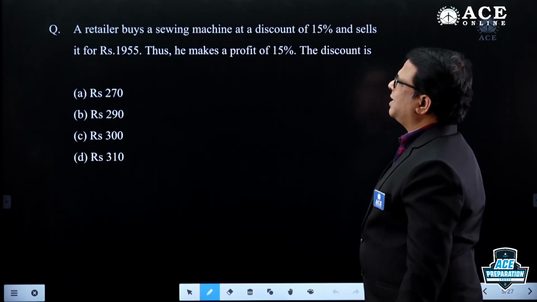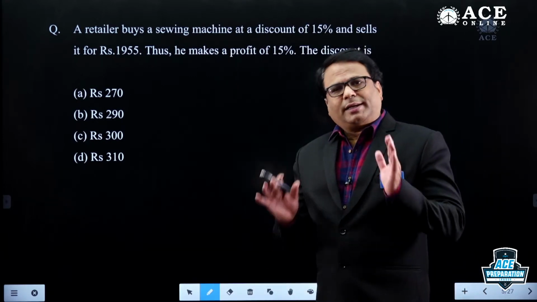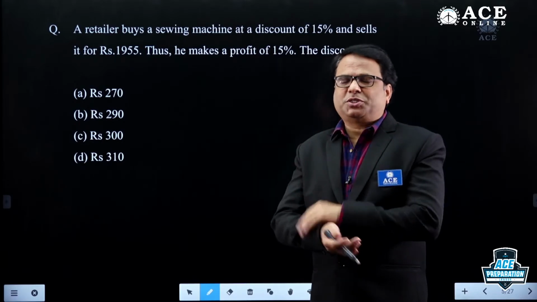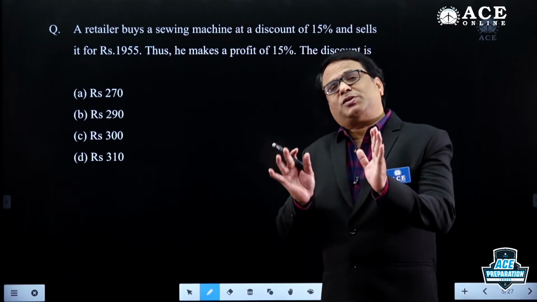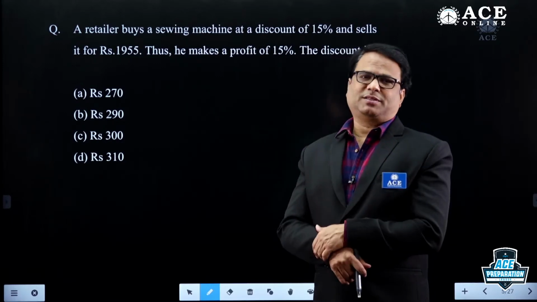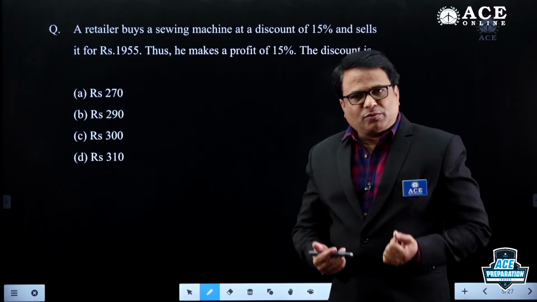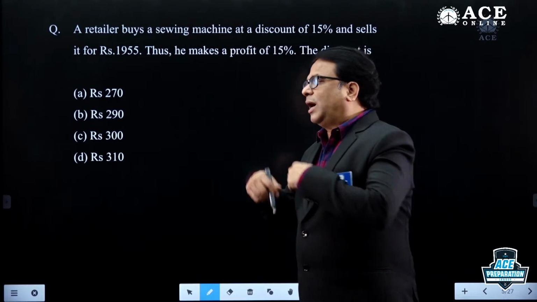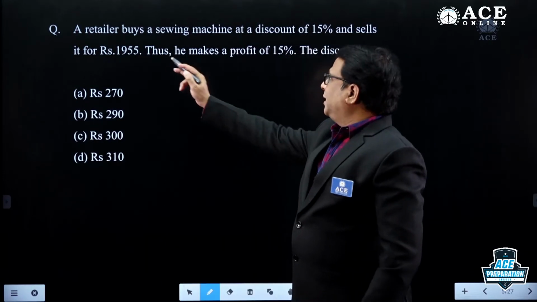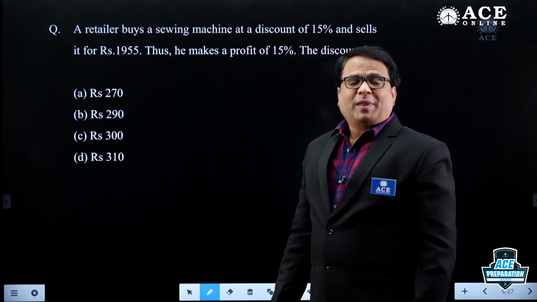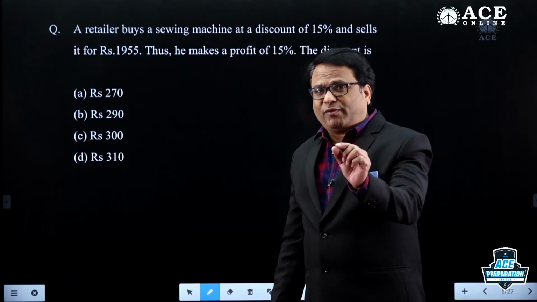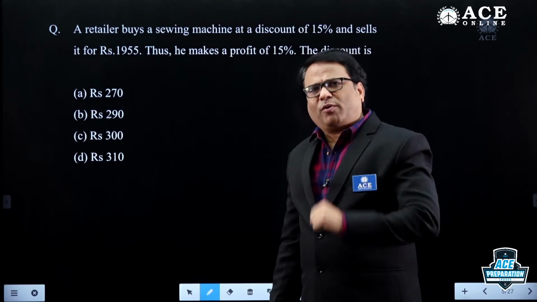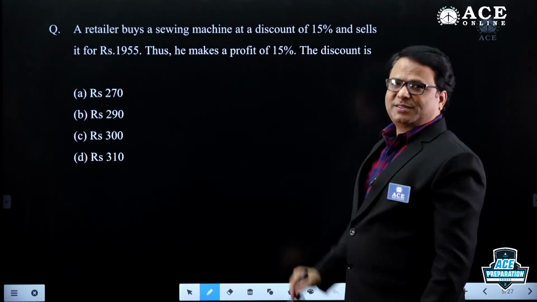The discount is dash. Now, a trader is buying a sewing machine at a 15% discount. After buying the sewing machine, he is selling it to another customer for 1955 rupees. And if he sells it for 1955, the trader is making a profit of 15%.